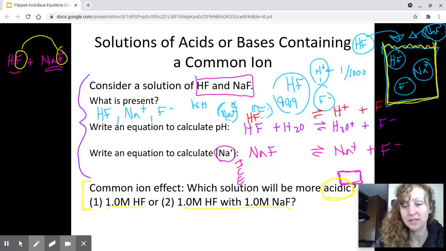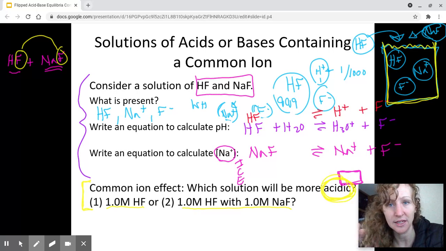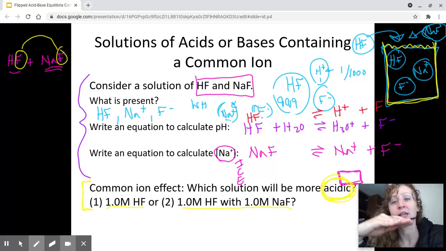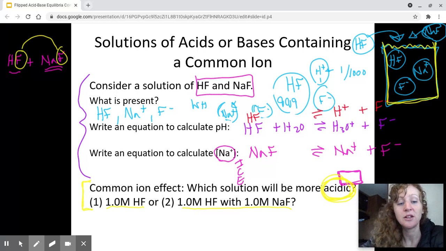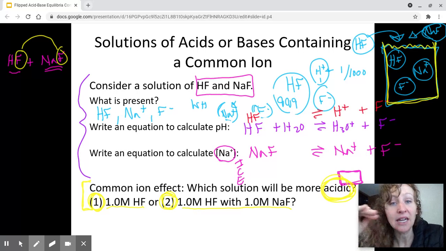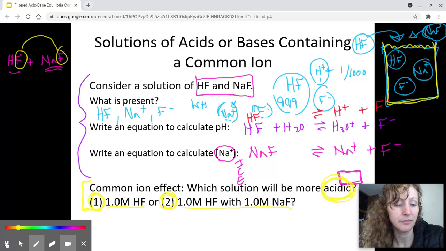To the H plus concentration, because it's that H plus concentration that's going to tell us if something is acidic or basic. Okay, so I'm going to delete my board. This would be a good time to pause and see if you can set up the two reactions, reaction 1 and reaction 2, and then fill in that ice chart. What's your initial amount? What's your change? What's your equilibrium?